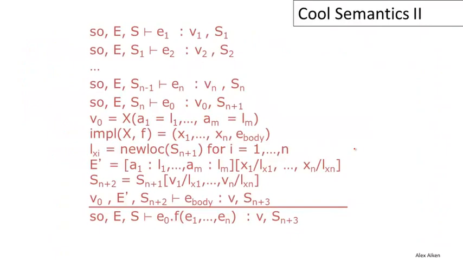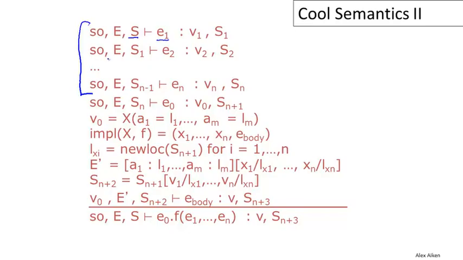Now we're ready to actually discuss the details of the formal operational semantics of method dispatch in Cool. And I'm going to switch colors here, again, just for contrast. So as we said, the first thing we do is we evaluate the n arguments. So these first n lines take care of that. And notice that each argument that's evaluated may have side effects.